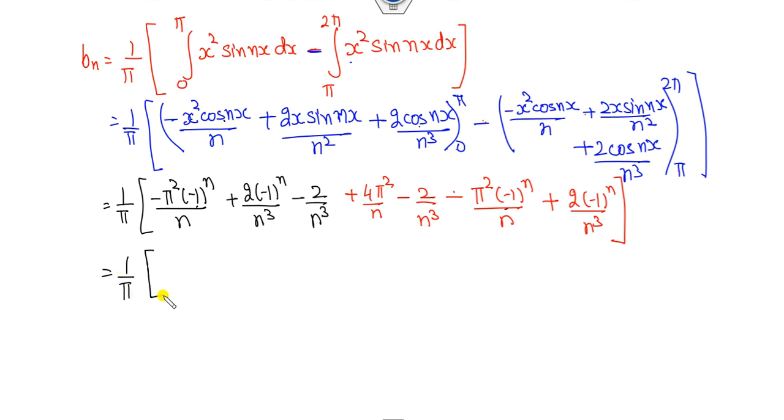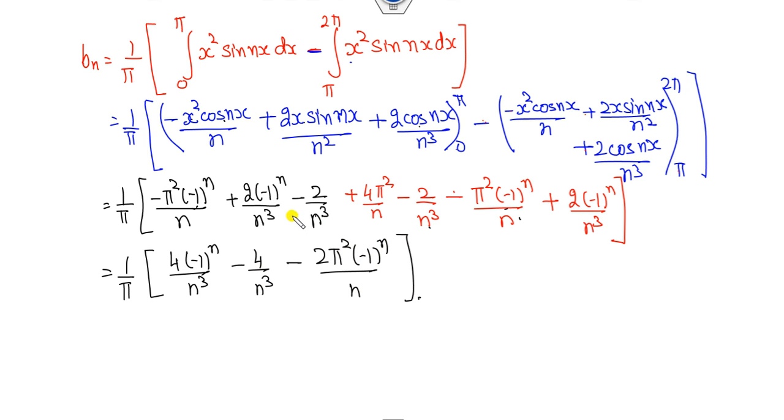So I can write this as 4 minus 1, fine, this number is again 4 over n cube, this number is again twice, so 2 pi square minus 1 over n. Sorry, this is square, yes, 4 over n cube.